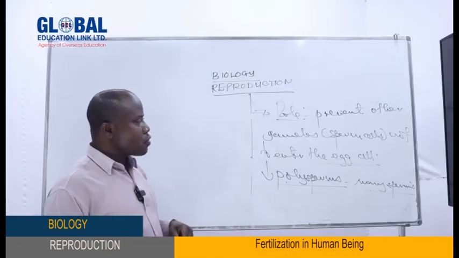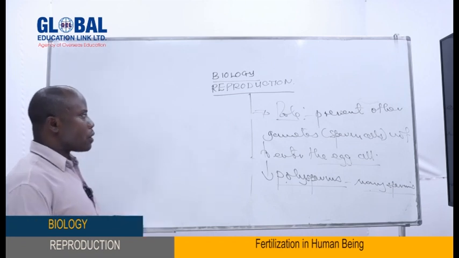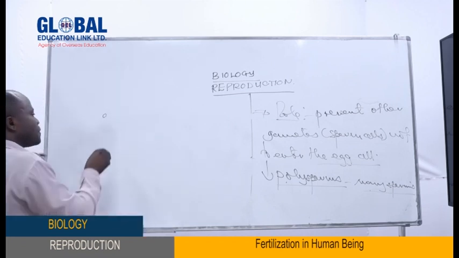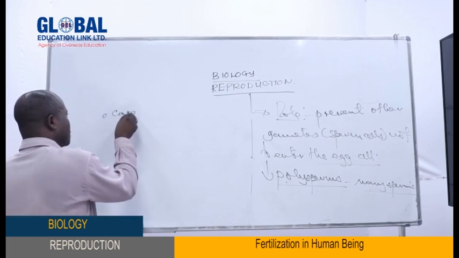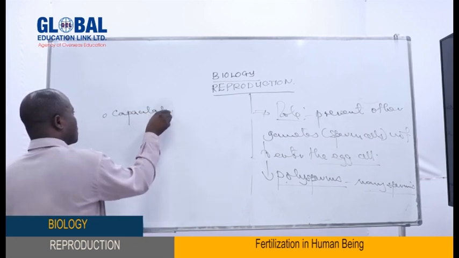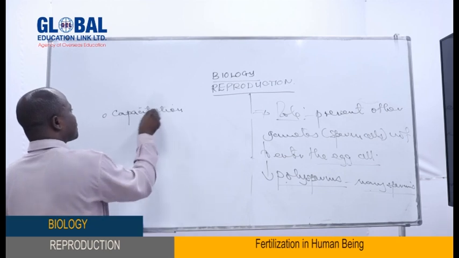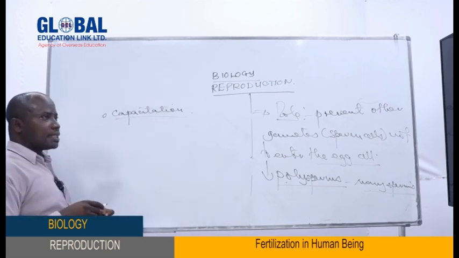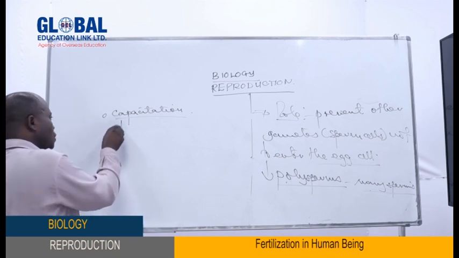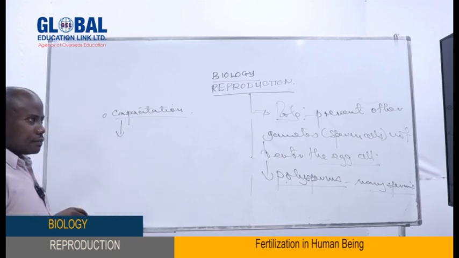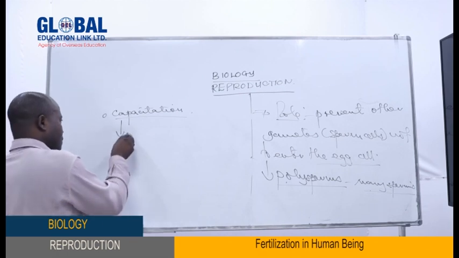First of all, to respond to this question, if you remember, we said there is capacitation. This is the first process, in which the spermatozoa is prepared for fertilization.